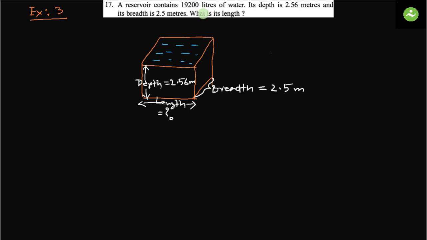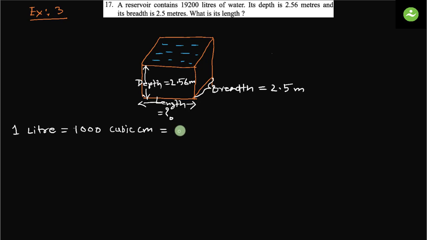There is a relation between liter and cubic centimeter. We know 1 liter equals 1,000 cubic centimeter, or cc.